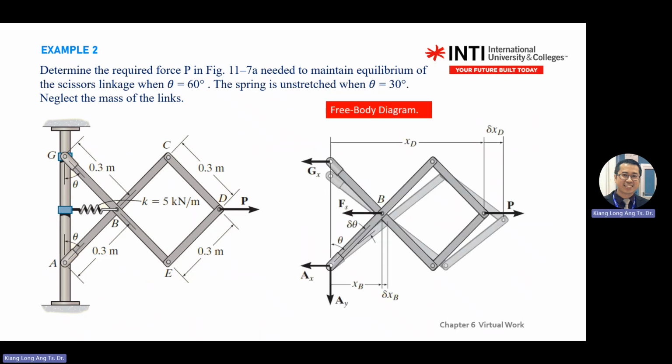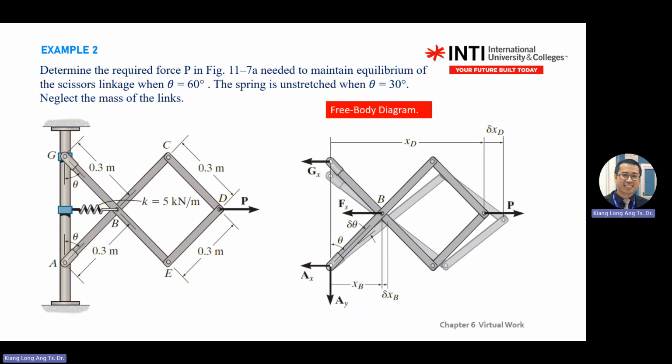The free body diagram looks something like this. Ignore the gray color first. If you are the link member, your GX, we just assume pointing up. You can assume pointing to the right also.